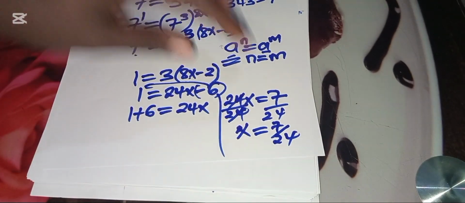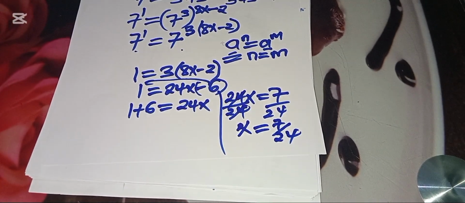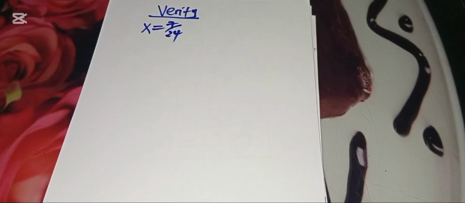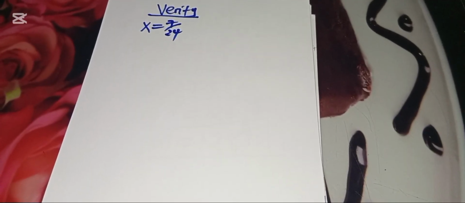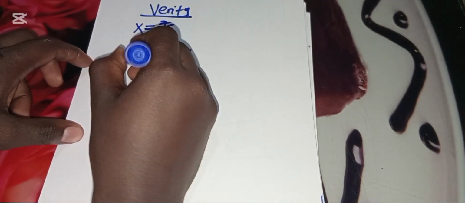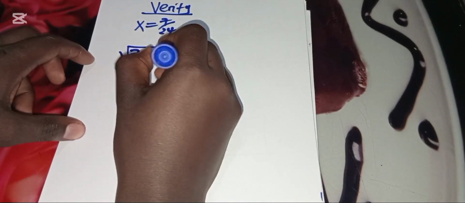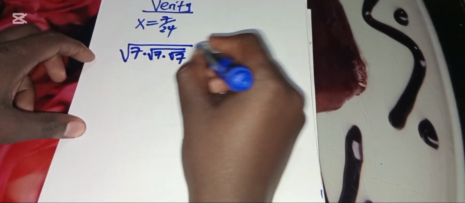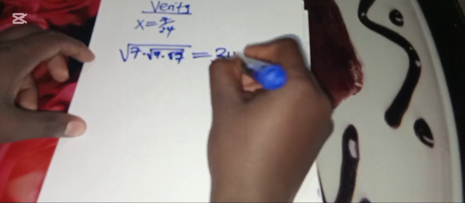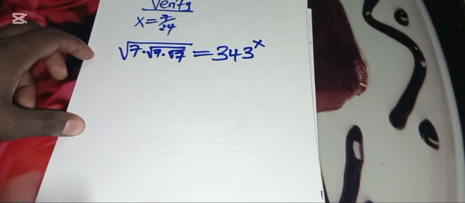So let's verify if this value of x satisfies the equation as follows. Let's verify that x is equal to 7 over 24 satisfies the equation. As you recall, we have square root of 7 multiplying by square root of 7 multiplying by square root of 7. This is supposed to give us a value of 343 raised to power x.